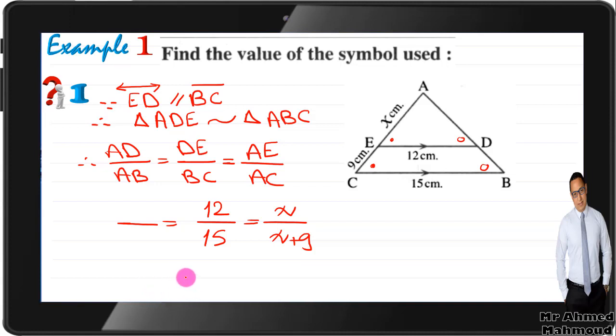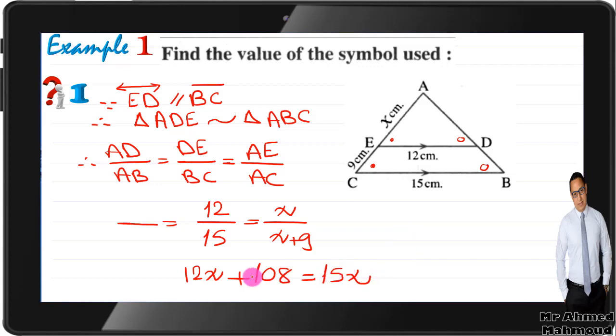So 12x plus 12 times 9, which is 108, equals 15x.